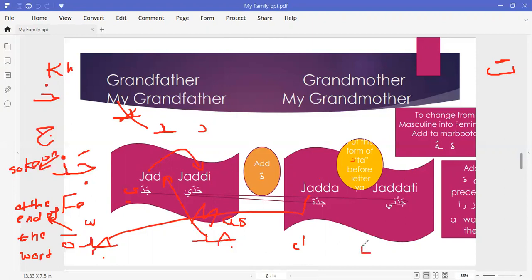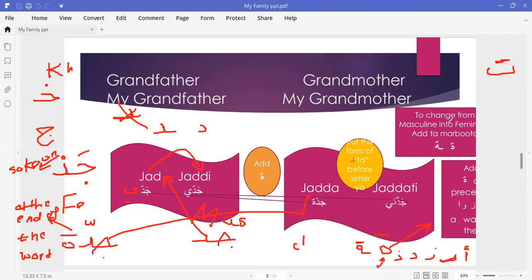We have two forms. We have this form of closed ta that is put at the end. It's used if it's connected with the letter before it. And we have this form of closed ta that we use if it is separated from the letter before it. Yani we use this ta if we have a letter before which is alif, ra, za, da, dhal, and waw, okay?